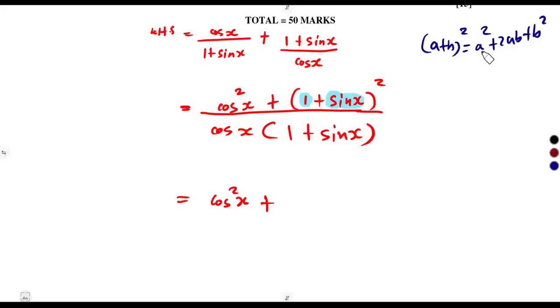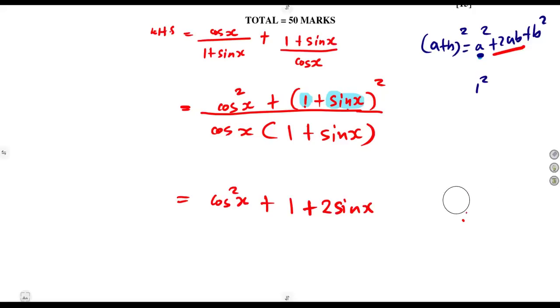So you're going to have a squared, 1 squared, which is 1. So that's 1 plus 2ab. It's 2 times a, our a is 1, times b, our b is the sine of x. So 2 times 1 times sine of x, that's 2 sine x.